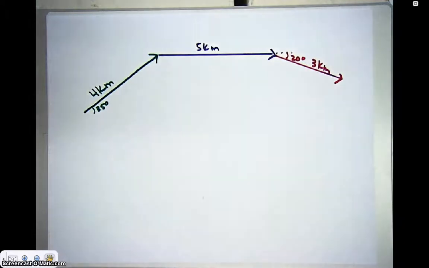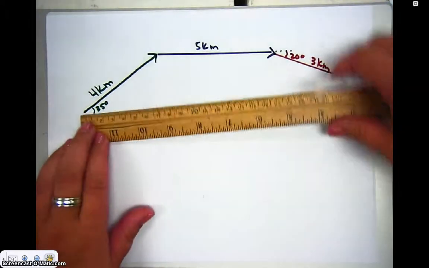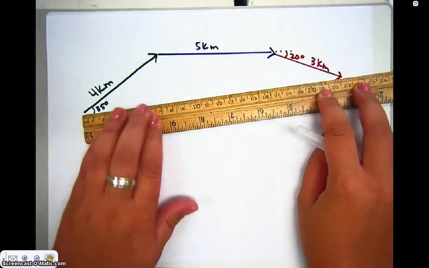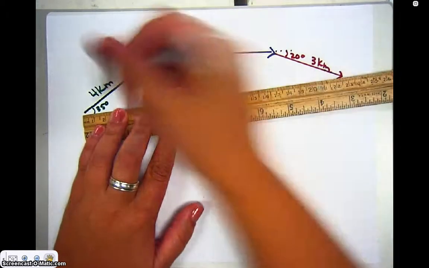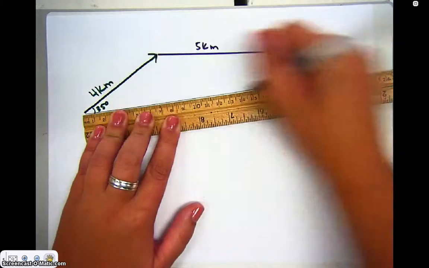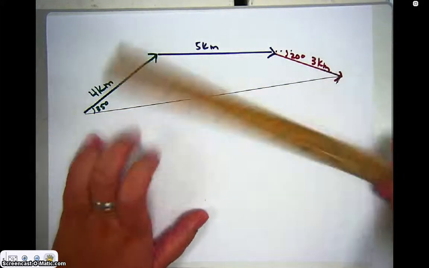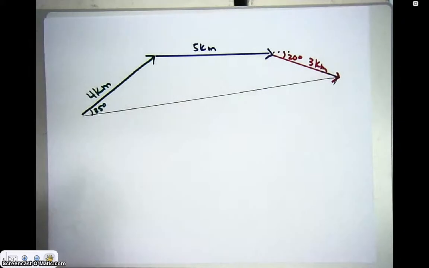Now, the resultant vector is going to be from the tail of the first to the tip of the last, right? So where they should have ended up is over here. So, just draw it like this. Now, if we just eyeball it, let's make a rough estimate.